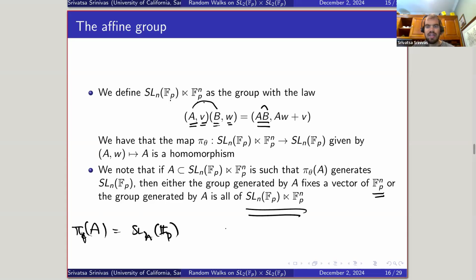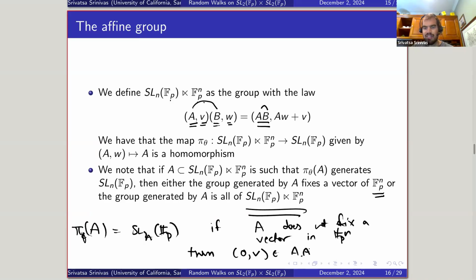Okay, so now if A does not fix a vector in F_p^n, then there's a vector of the form (0, v) inside A times A inverse, where v is not 0.